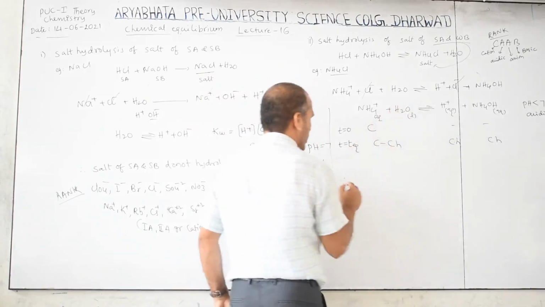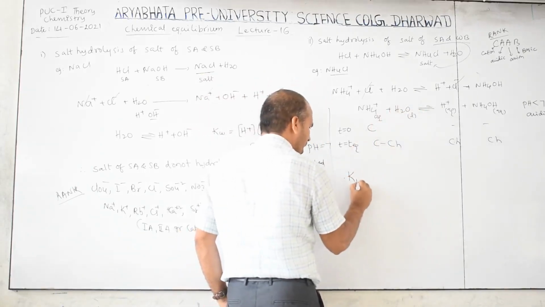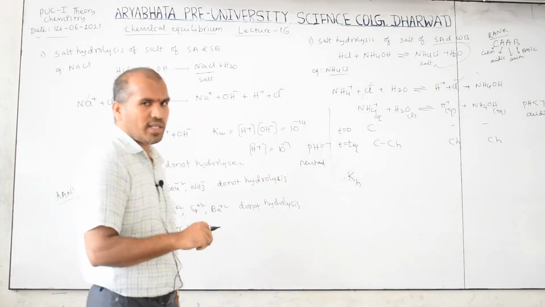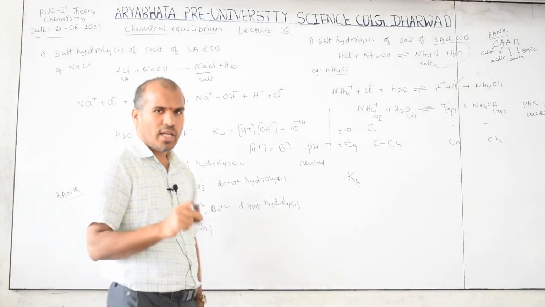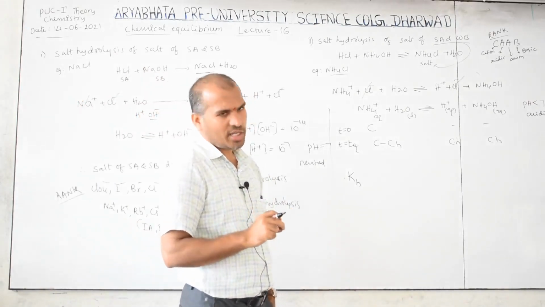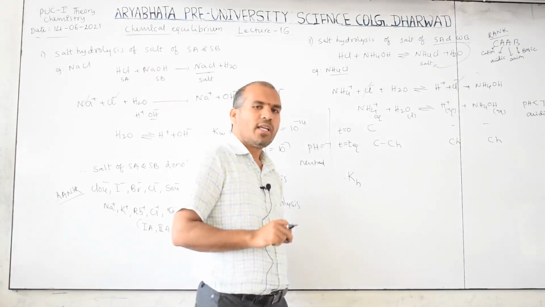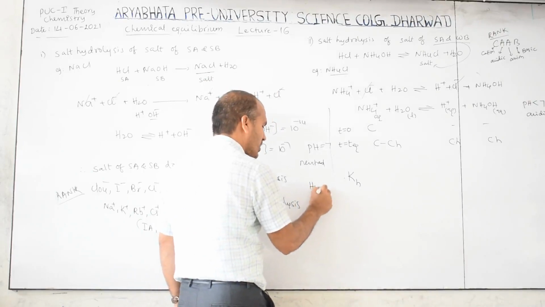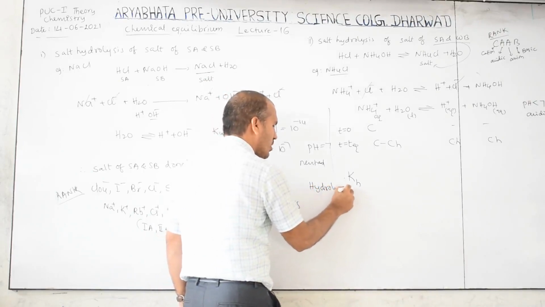But with respect to this, Kh means what? Before that, Kw, Ka, Kb. Ka means acid dissociation constant, Kb means base dissociation constant, Kw means water ionization constant. Now Kh means hydrolysis constant. If you don't know, write hydrolysis constant.